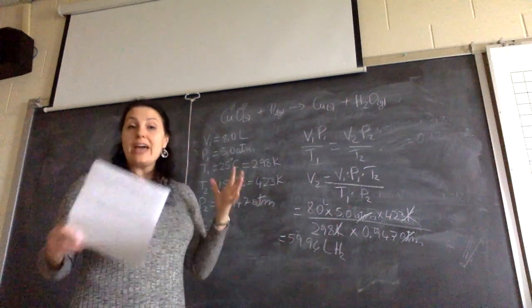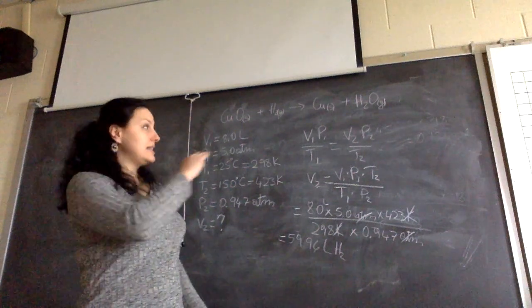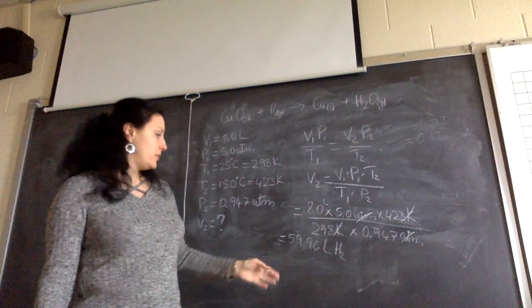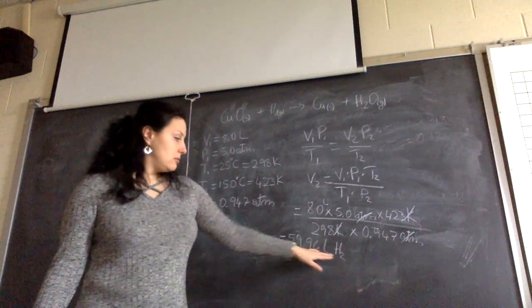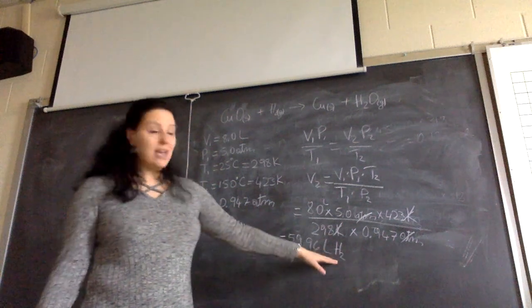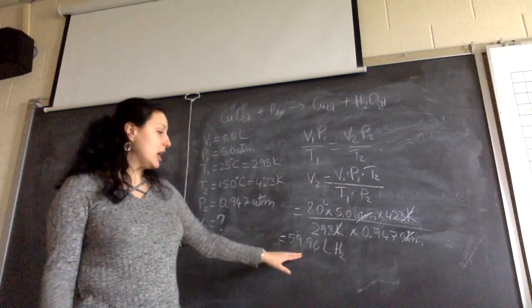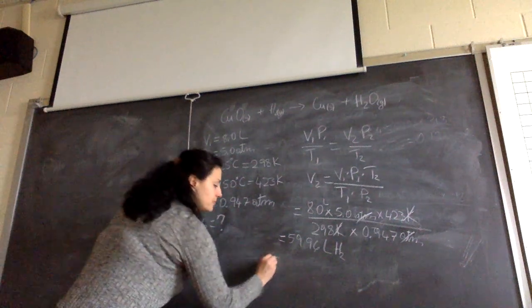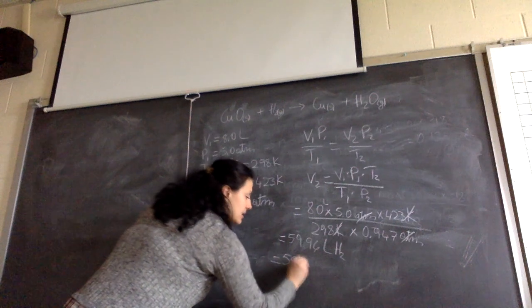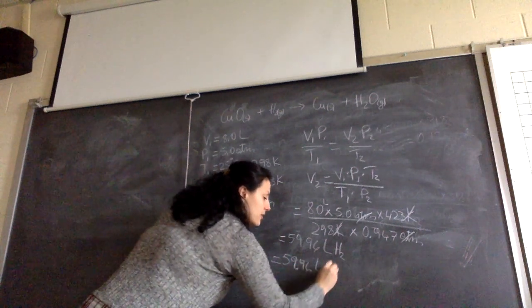And remember, under the same conditions, having the same number of moles, they will have the same volume. So this is also the volume of water vapor, 59.96 liters of H2O.